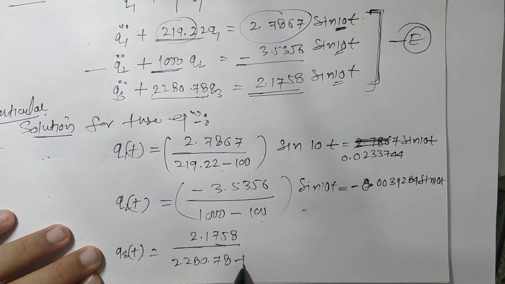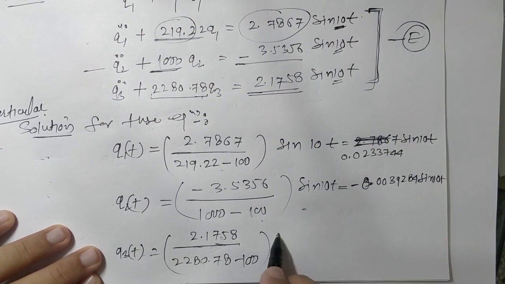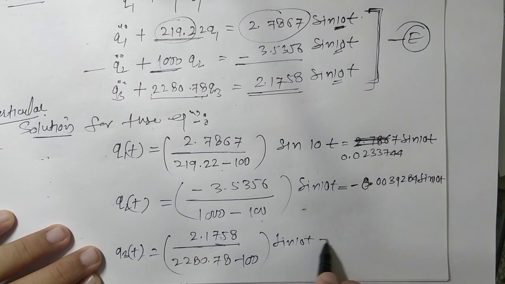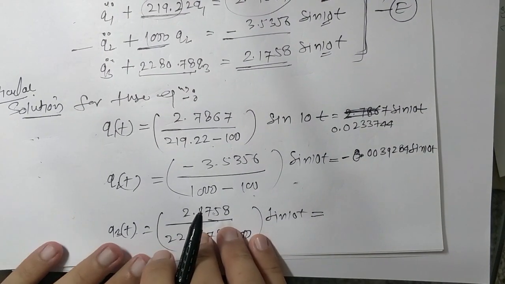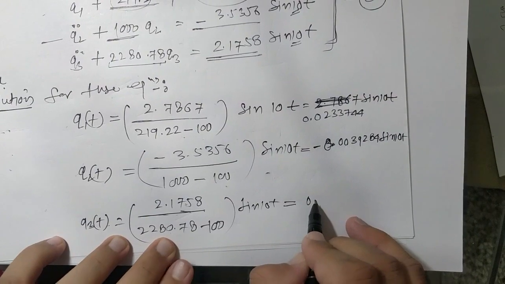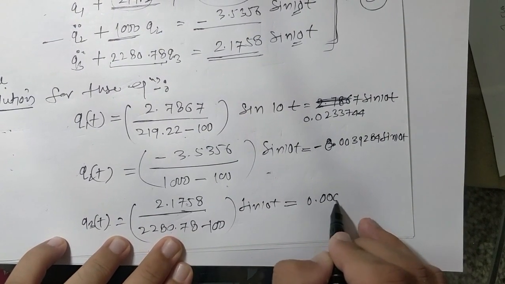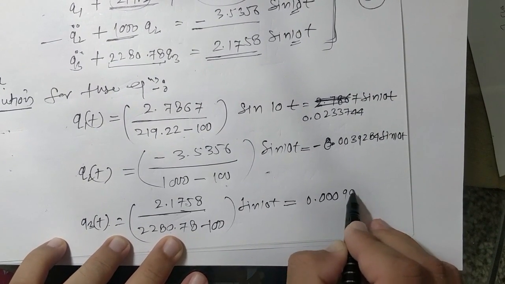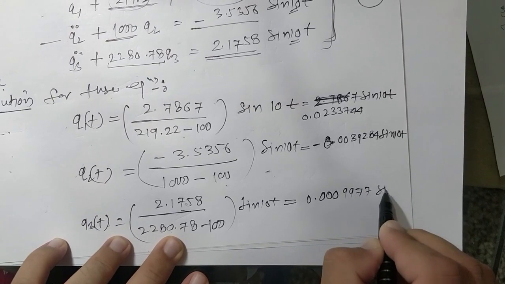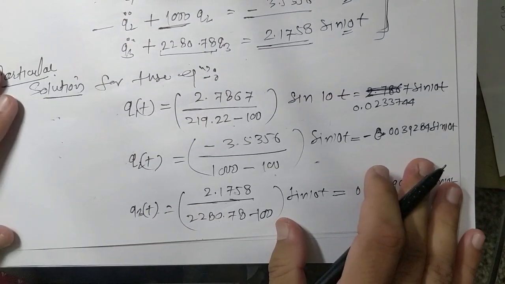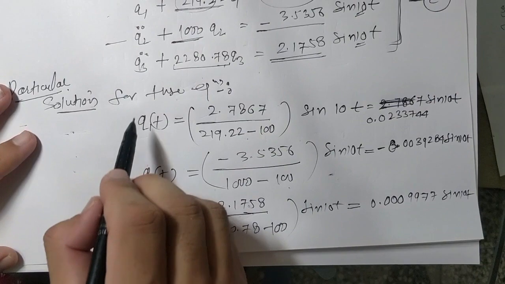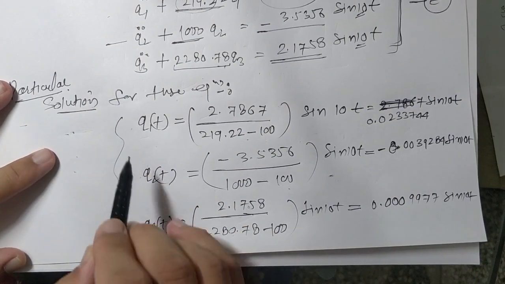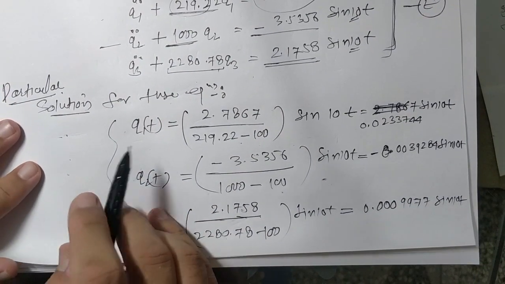So the square of 10 is 100, sine 10t. So if we sort this out, we get the value as 0.0009977 sine 10t. So this is the particular solution of these equations in the form of principal coordinates.